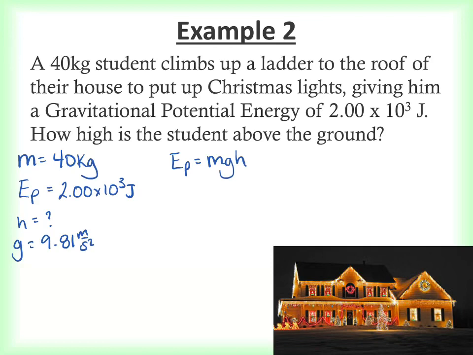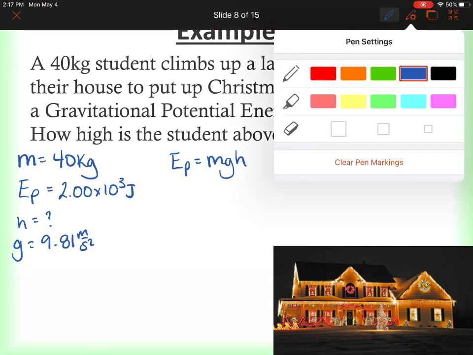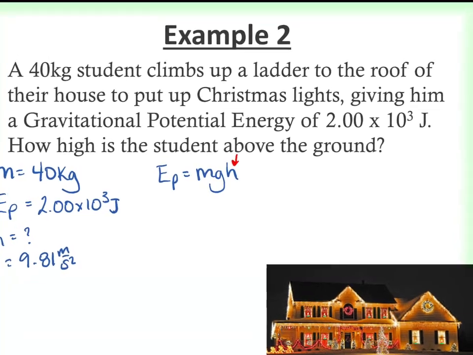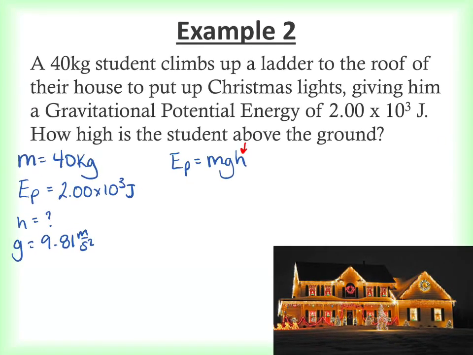Okay, so what are we going to do? We need to solve for h here. This one actually isn't as bad as it looks. What's being done to h? It's being multiplied by m and g. So what do I need to do? I can just divide both sides by mg. It's nice and easy.